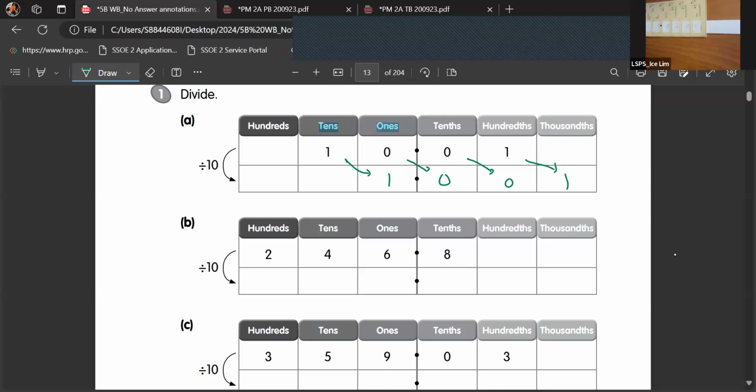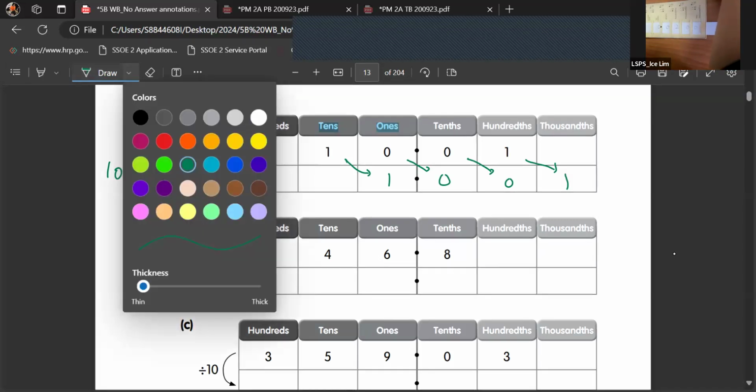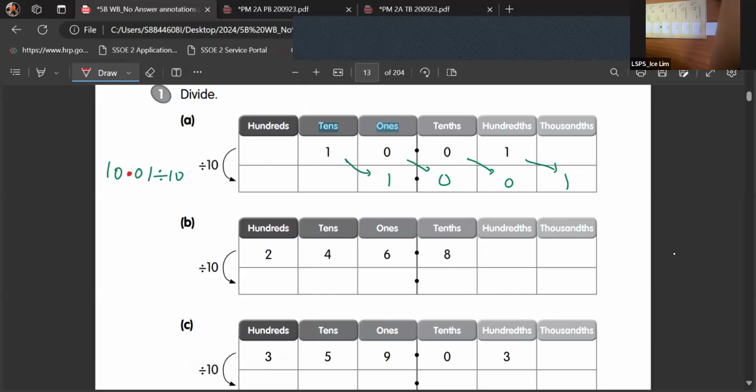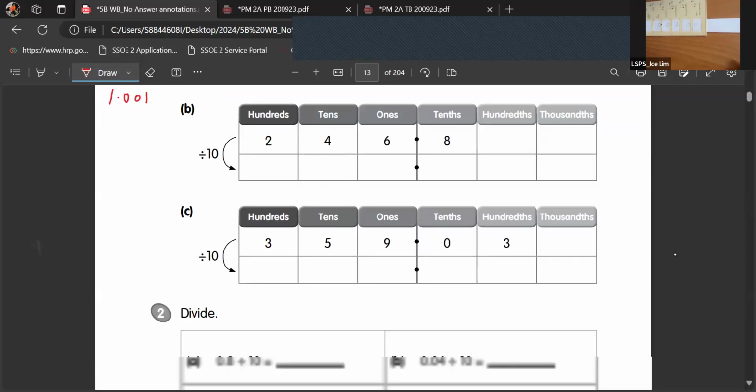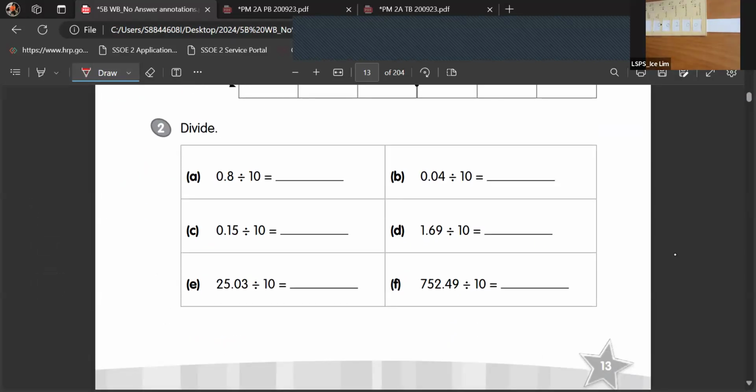The shortcut now, 10.01 divided by 10, is that the decimal point moves in the opposite way from multiplication. That is the shortcut. So that's how you end up with 1.001. It is the same idea. Everything is exactly the same.